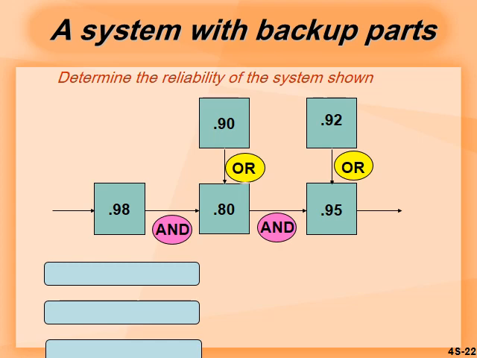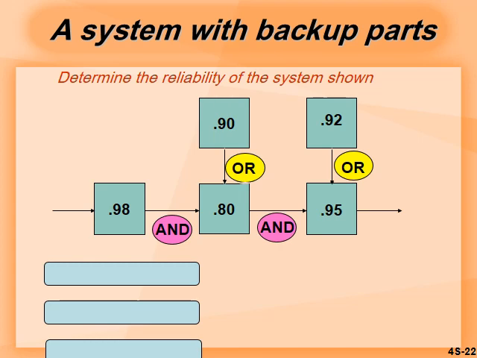We have A and B and C, so we have 3 boxes. What about the givens? Assuming that we have a system composed of 3 parts, A, B, and C. Their assigned success probabilities are 0.98, 0.80, 0.95. Assuming that the second part, B, has 1 backup with success equals 0.9 and part C has 1 backup with success probability 0.92.